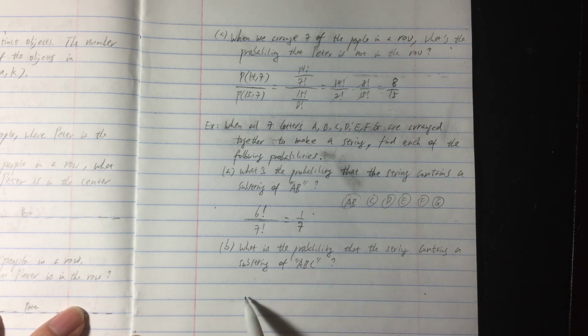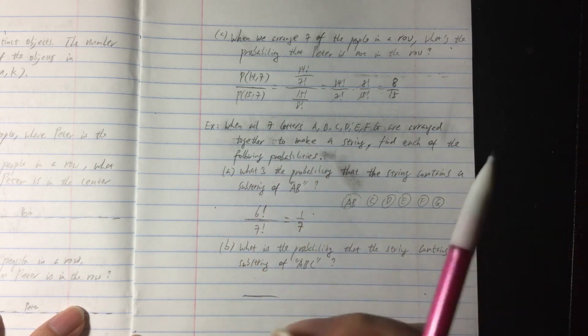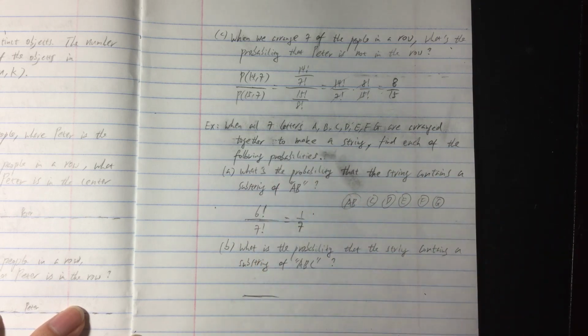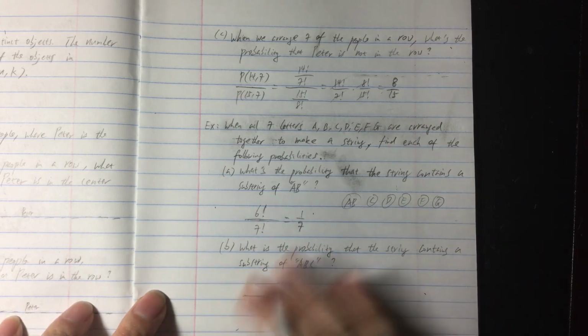So let's find the denominator first, the number of all possible outcomes. We try to arrange 7 letters together to make a string. So the number of all possible outcomes is 7 factorial by permutation rule number 1.